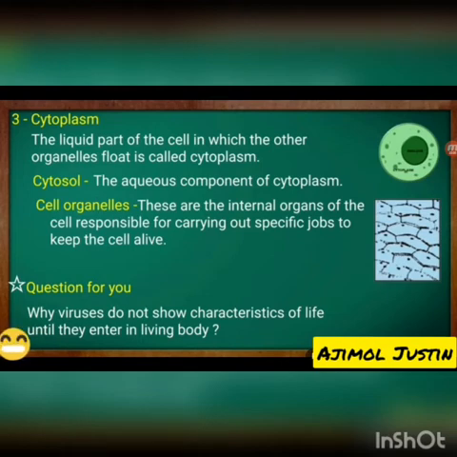Now a question for you. Why do viruses not show characteristics of life until they enter a living body? Have you ever thought that viruses can only be alive when they get inside a living body? Just think about it and answer it. Why is it so?